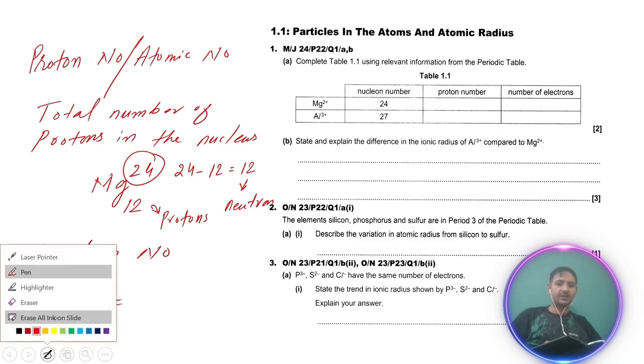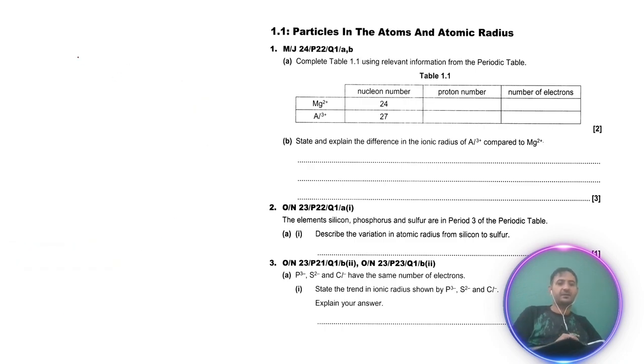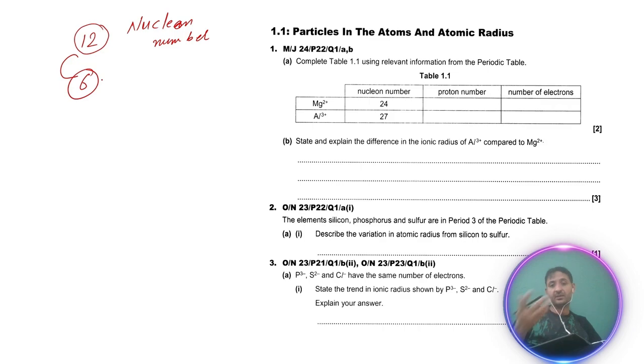So let me make the idea more clear for you people. I have this carbon. If I see the periodic table, you will notice there is 6 and there's the number 12. The 12 represents the nucleon number, or relative atomic mass, okay? And what about this 6? It is the atomic number, and atomic number is the total number of protons, okay? So how can I find the neutron number?